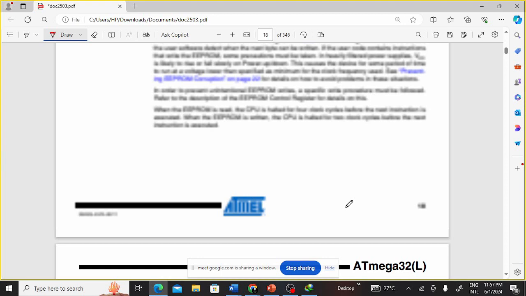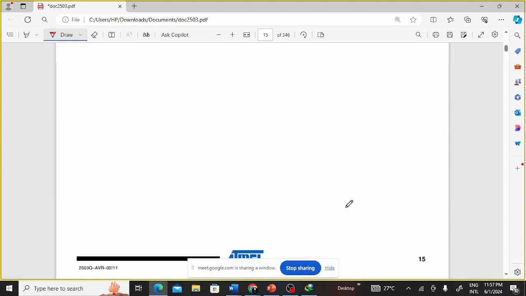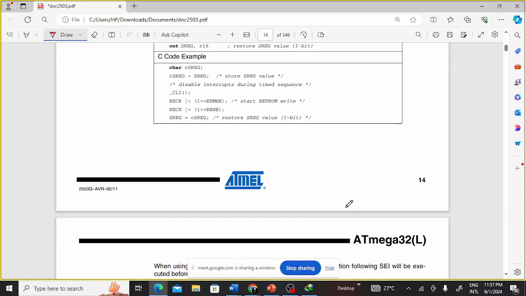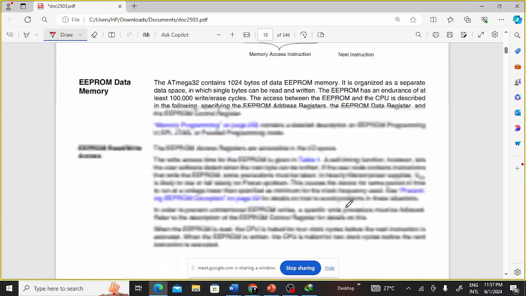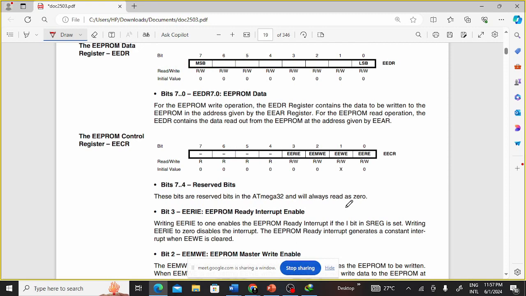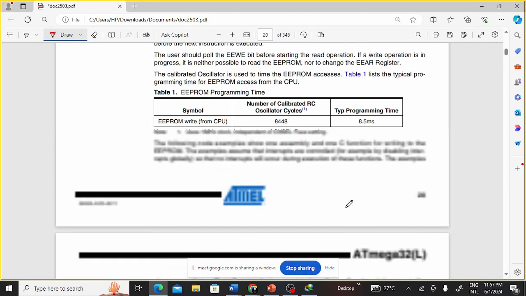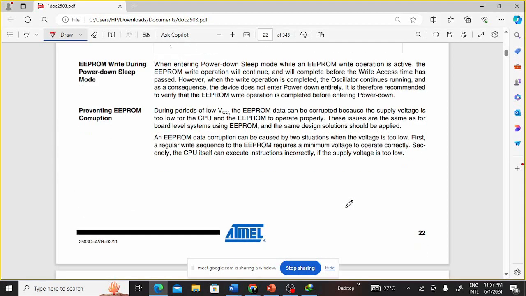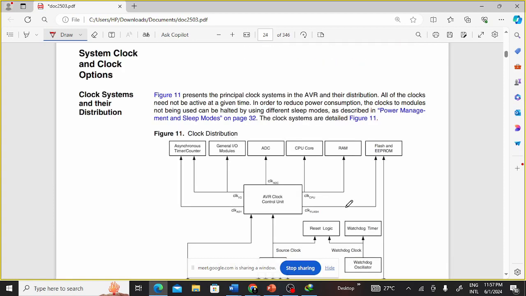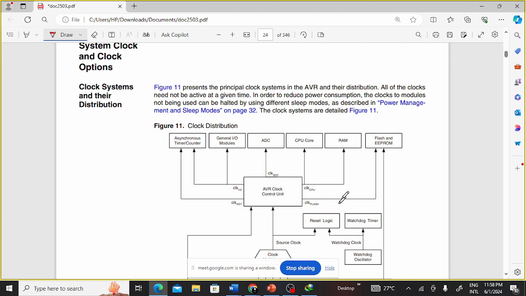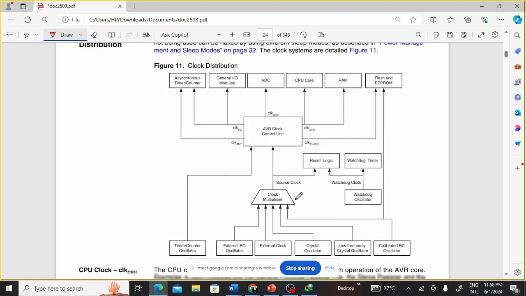So basically I'm following what is in this datasheet. Once I set everything that I need to set up, which is the clock registers and also clock selections, the next thing we'll start doing is writing code. This is the clock distribution, all the clocks in AVR microcontrollers, the clock control unit.